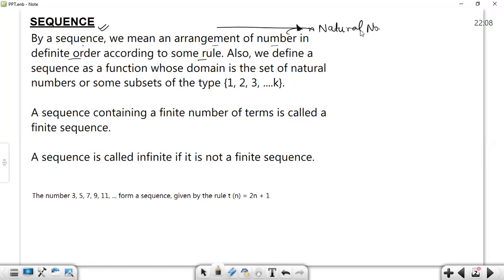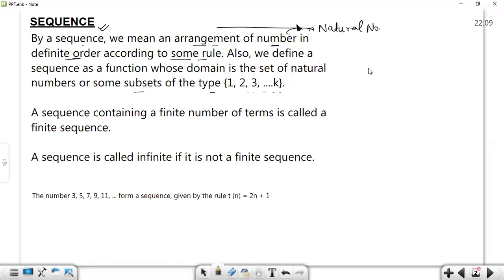Also, we define a sequence as a function whose domain is a set of natural numbers or some sets of the type 1, 2, 3, 4, 5, 6. So it's like an arrangement of numbers in definite order according to some rule, and that can be called a sequence.